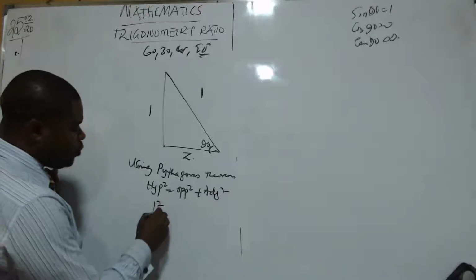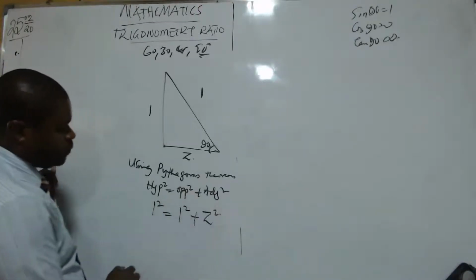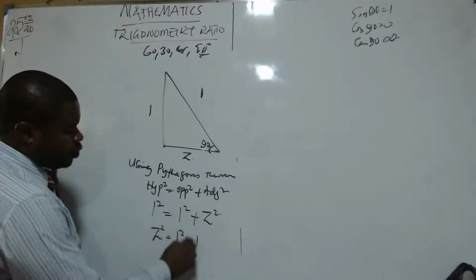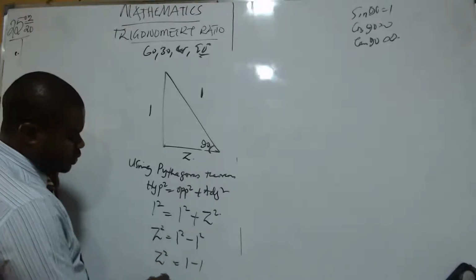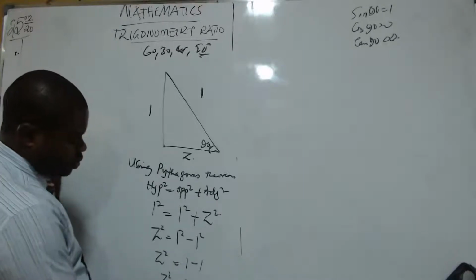Our hypotenuse is 1. Our opposite is 1. Our adjacent is Z. So Z square now equals 1 square minus 1 square. So Z square equals 1 minus 1. So Z square is 0. Therefore, our Z is also 0.